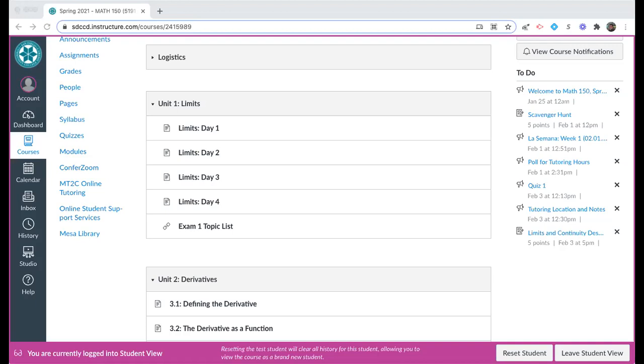Once you open the exam, you're going to find a PDF, kind of like how when you open the quiz, there's a PDF you can download, print out, or just view the questions. It will be formatted similarly to the quizzes, with a place for you to write your work.